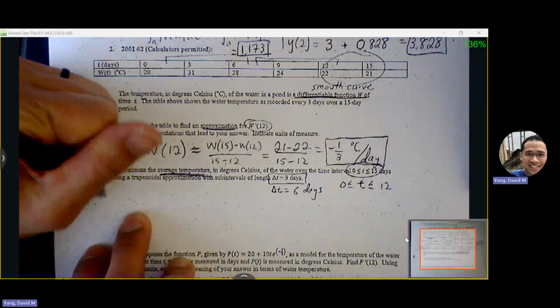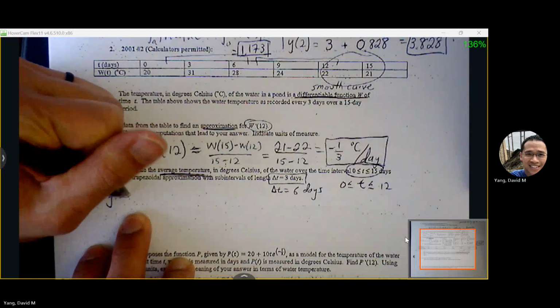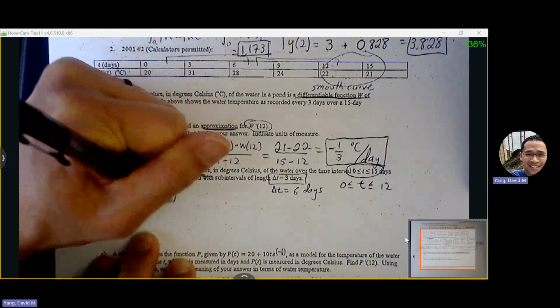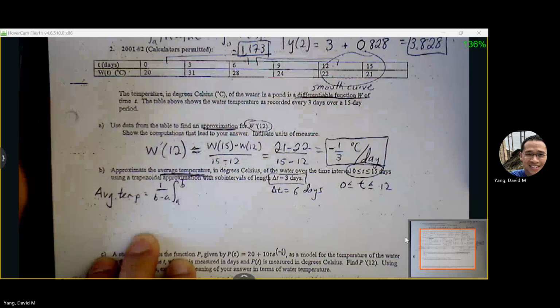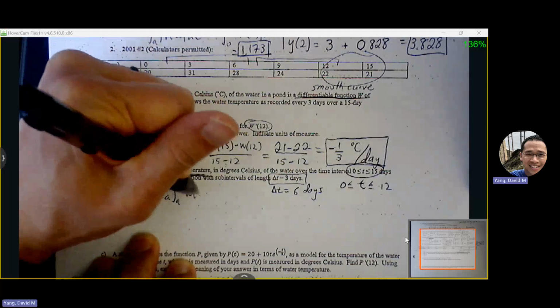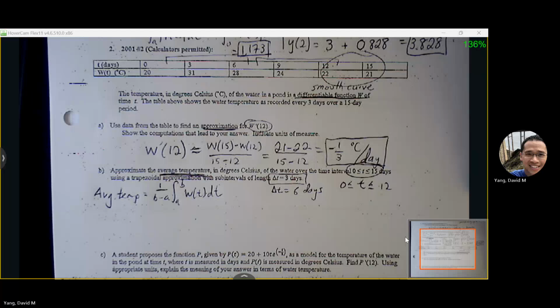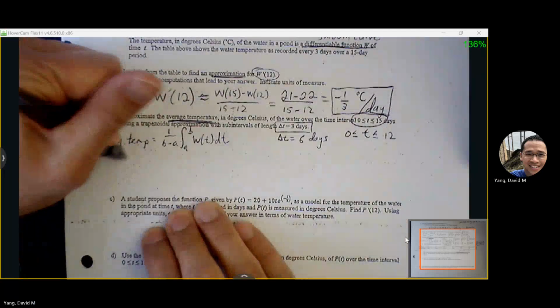So average value, average temperature, we're going to use the formula 1 over b minus a, integral from a to b of W of t dt. My a and b values, I'll use 0 and 12.